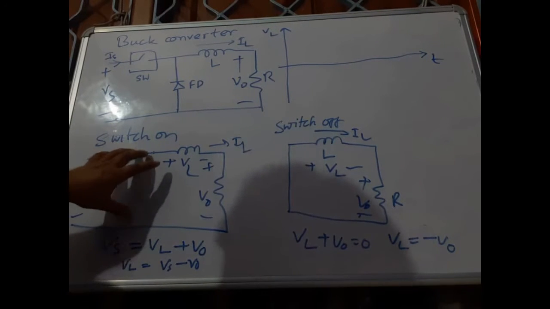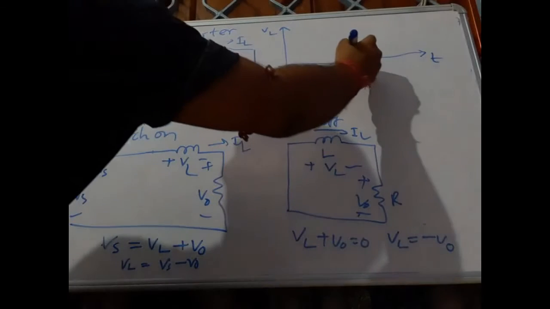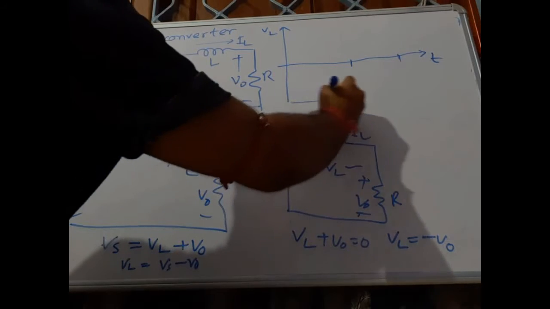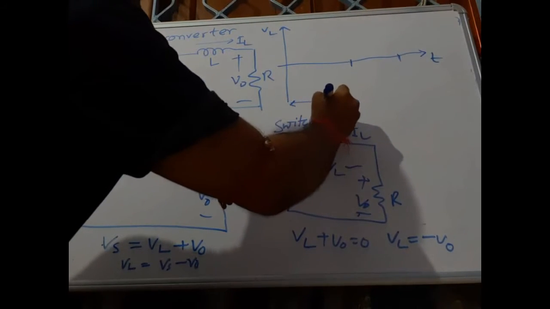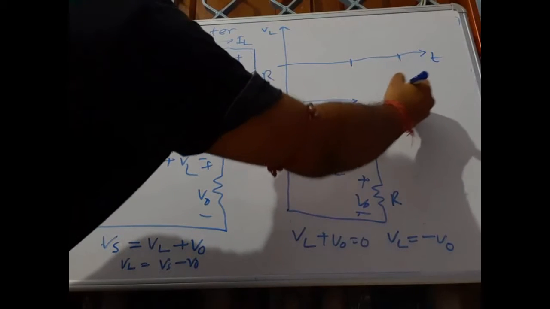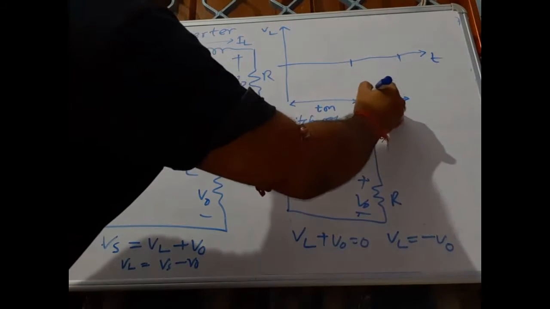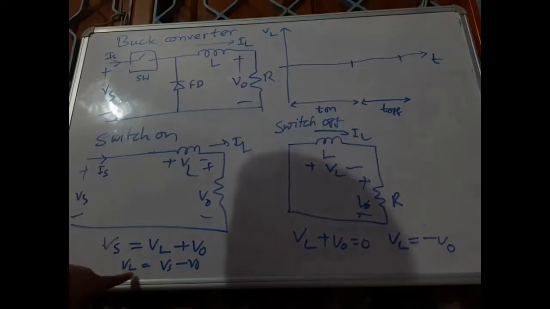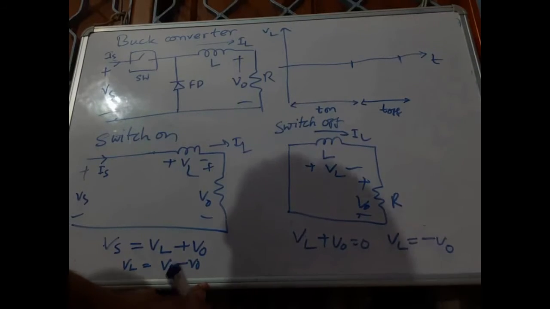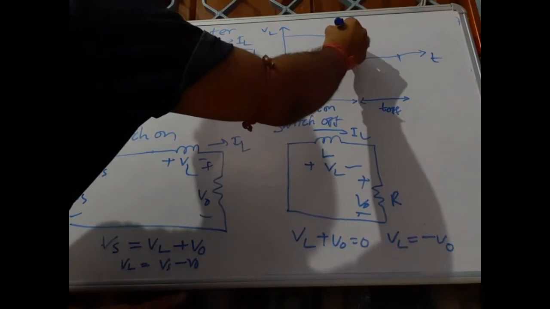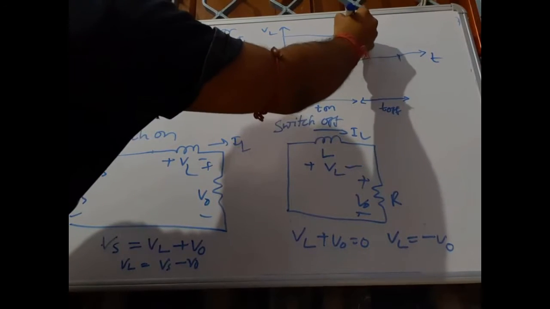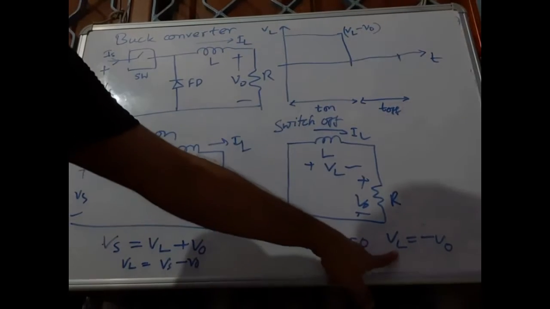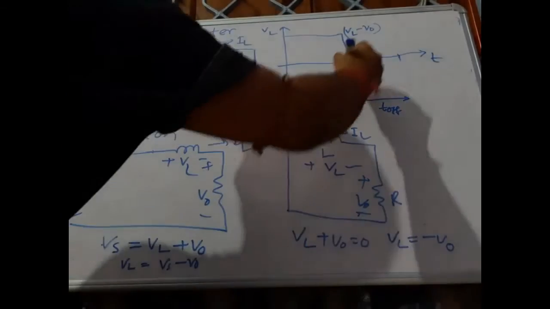Now for switch on condition, say this is the time for switch on, this is T on, and this will be T off, right? Now for T on, VL equals to Vs minus V naught. So this is Vs minus V naught, right? And for switch off condition, the VL will be minus V naught.